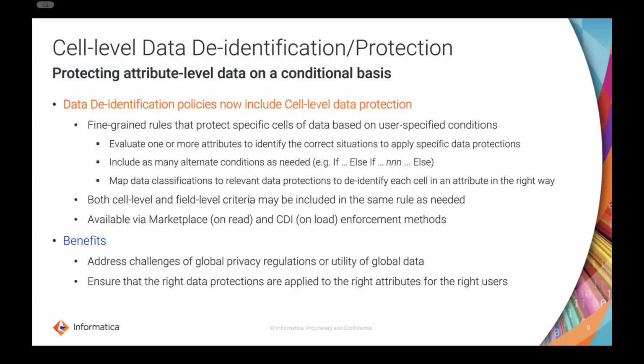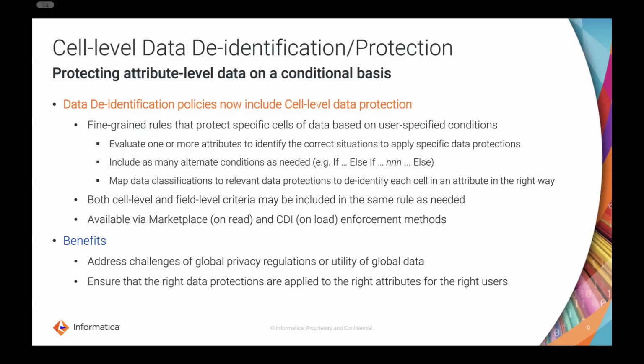Currently, we provide field-level support, basically attribute-level controls that allow you to protect a given column of data and do it in one specific way. It might be tokenization, it might be through a substitution mechanism or hashing, or even redacting the entire column. Cell-level data protections give us finer-grained rules that allow you to protect individual cells within a column, and do that based on user-specified conditions.